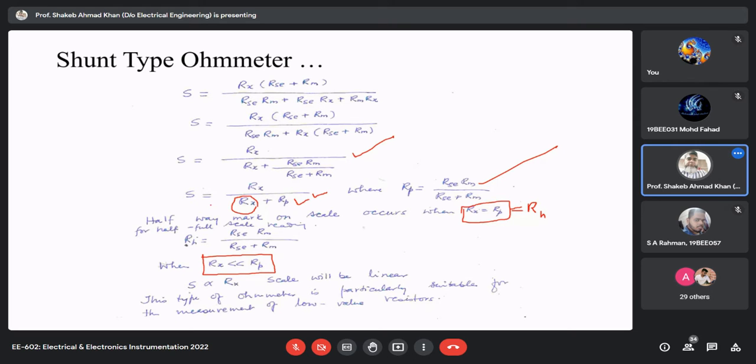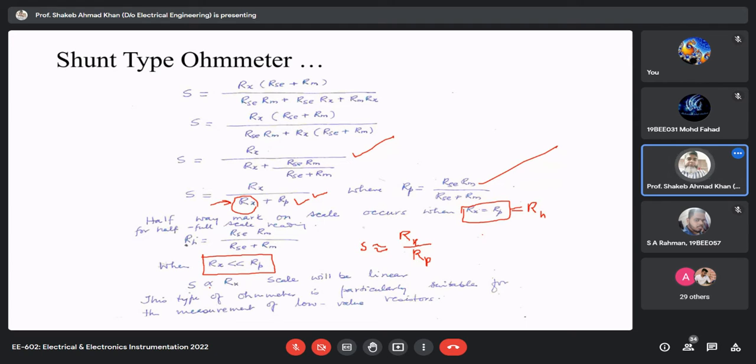So S will be approximately equal to Rx upon Rp, where Rp is constant and Rx is a known value. And S is basically the meter current. So we can say that S is proportional to Rx.